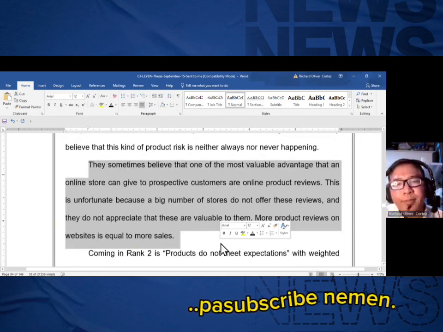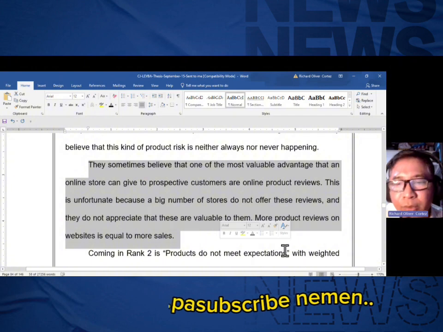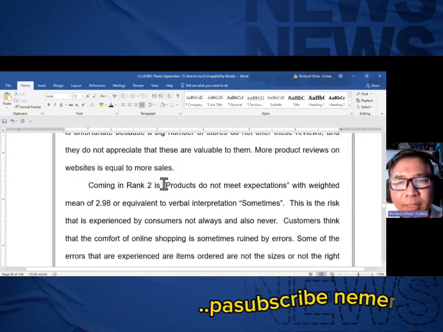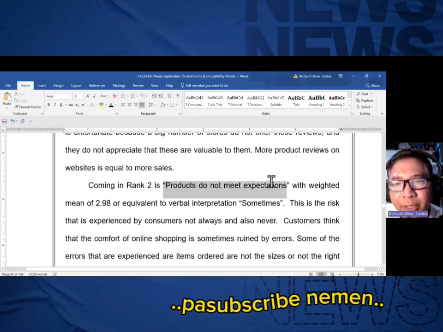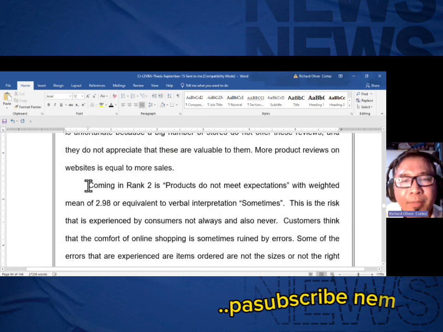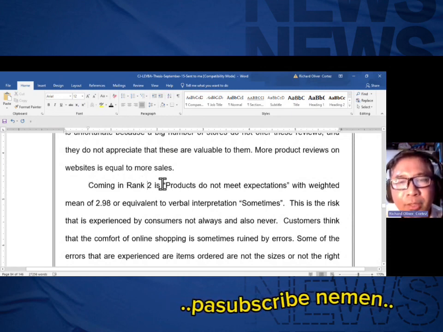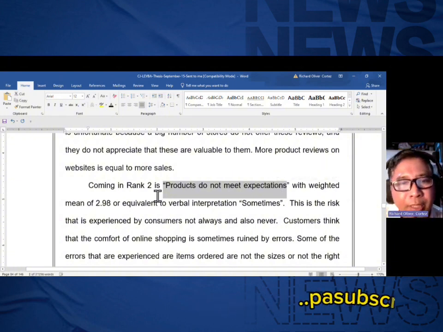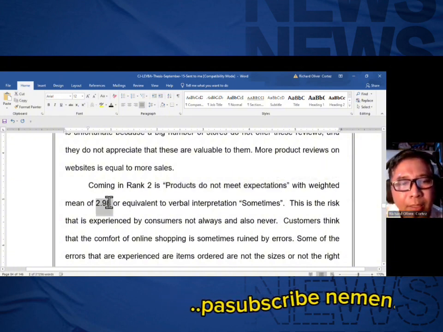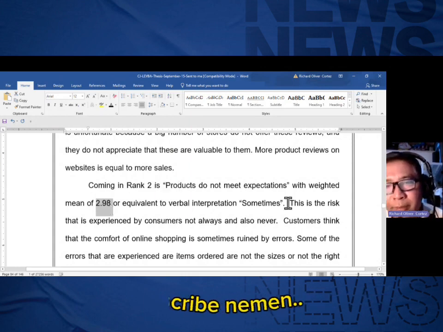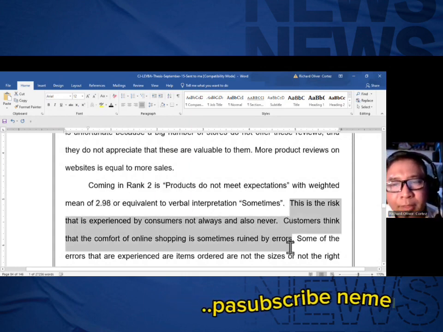Okay? Then you also discuss yung rank 2. Rank 2 ay products do not meet expectations and you reason out bakit. So you mentioned the rank 2, mentioned the indicator, you mentioned yung kanyang weighted mean. Okay, and you discuss why. First, the discussion.